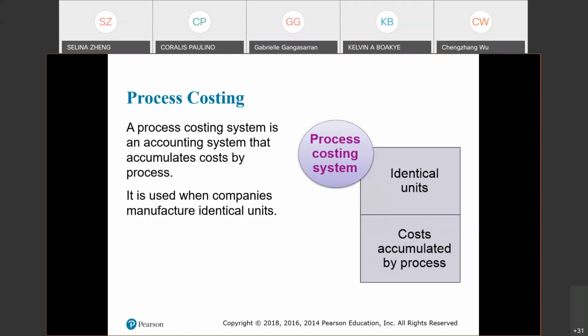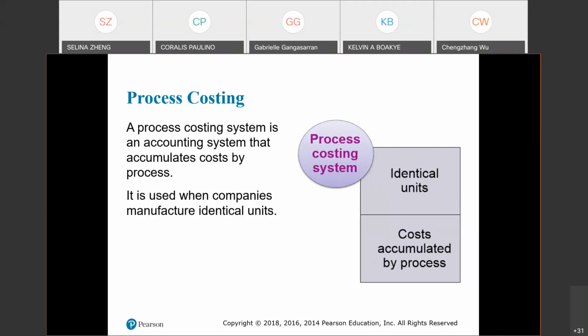Another example is surfboard manufacturing companies. Its process may include sanding, painting, waxing, and packaging, a series of processes.